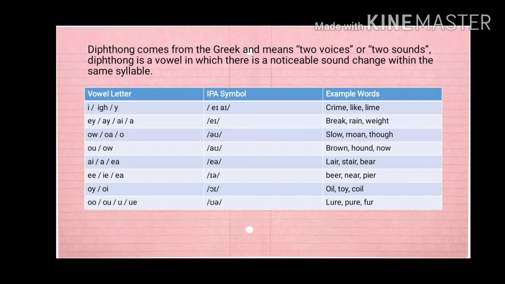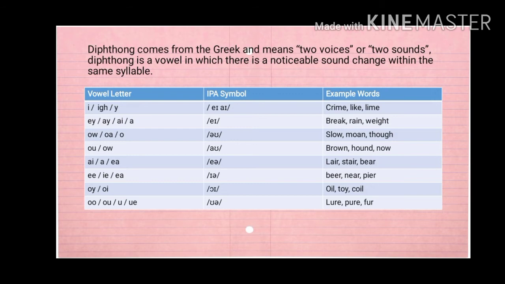And the second is A. This diphthong creates sounds similar to great and is most often used with letter combination that include A, I, and A. Example, break, rain, wait.